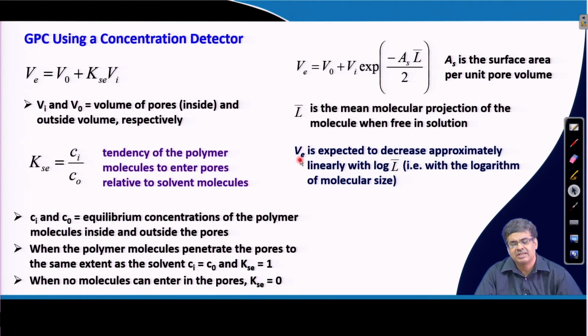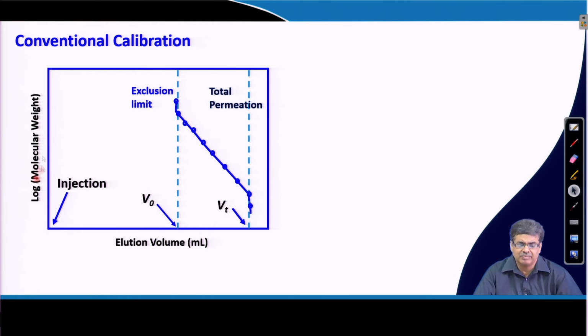That means we can also expect that V actually changes linearly with the negative of log molecular weight. So, we can plot log molecular weight with elution volume, and if the molecular weight is above this particular value, then none of the polymer molecules enter the pores and all of them come out together without entering the pores.